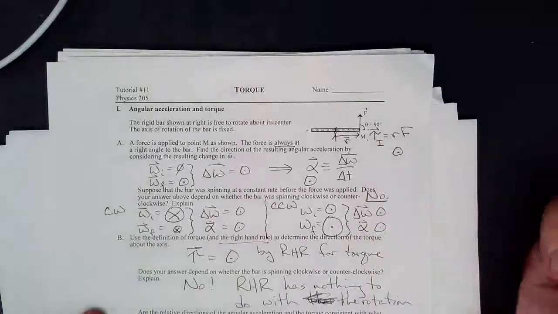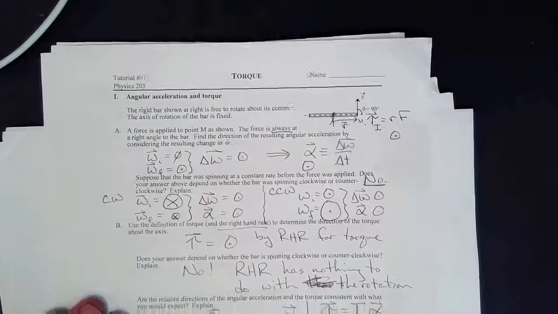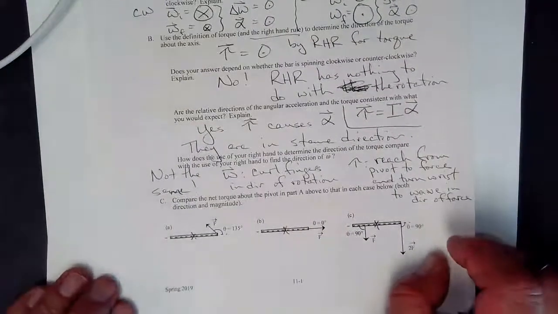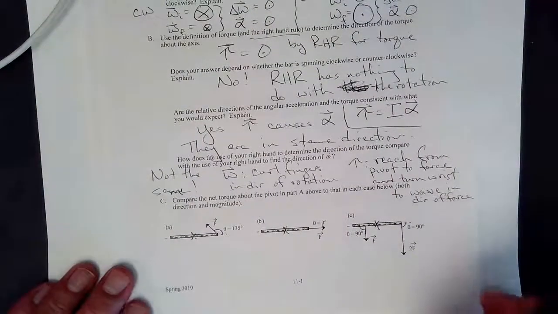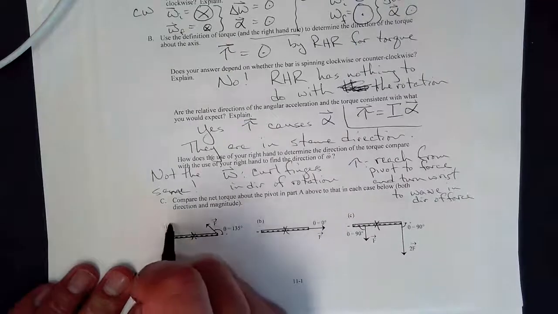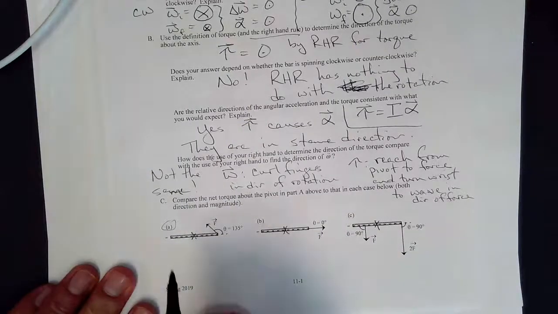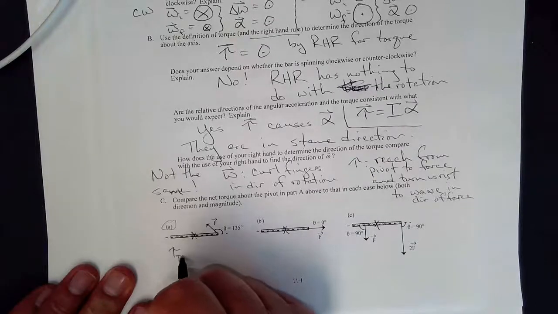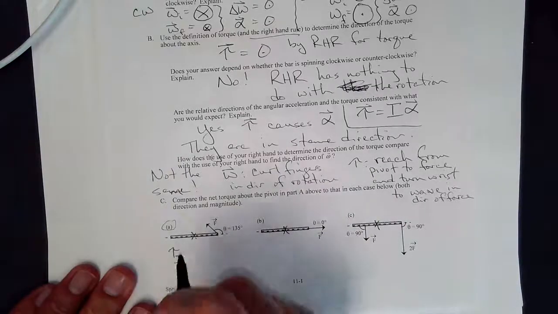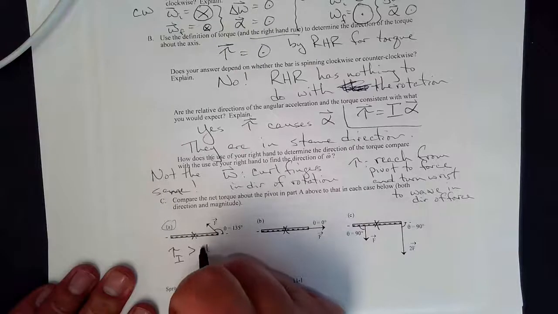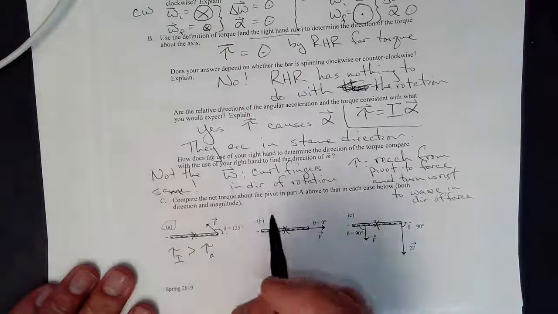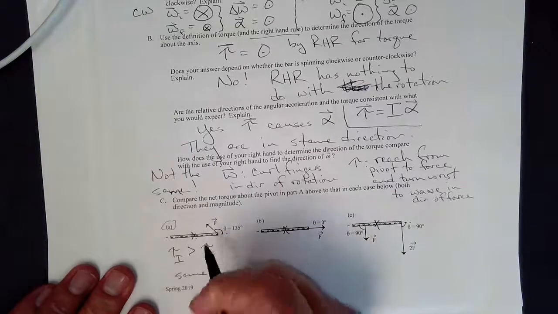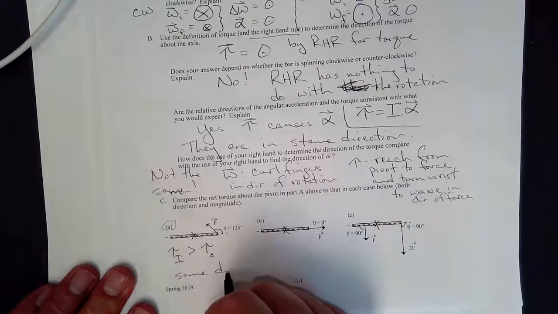So now if we look at what we'll call case A, we see that the torque by the original force is going to be greater than the torque in case A, but in the same direction. Now, how do I know that?